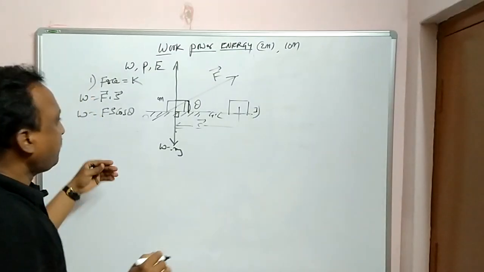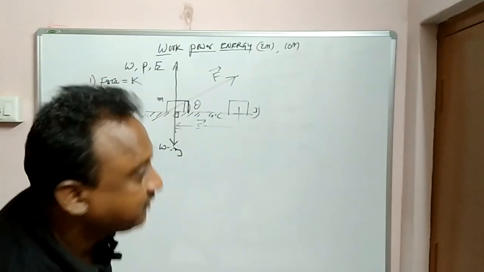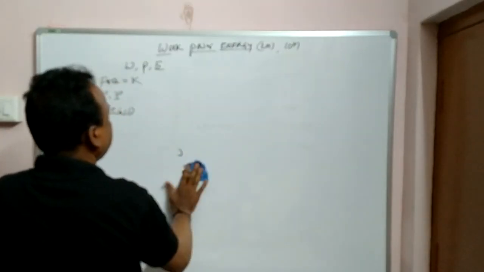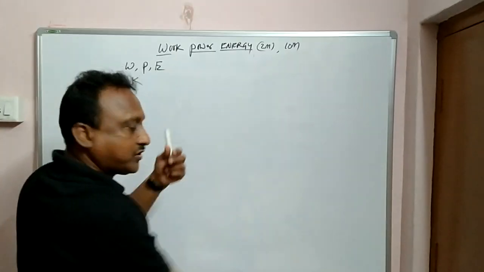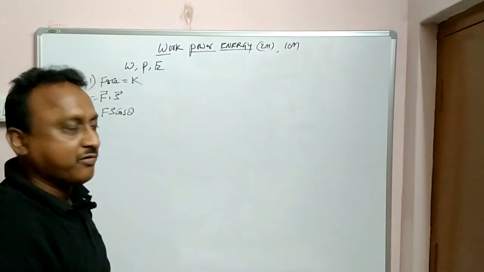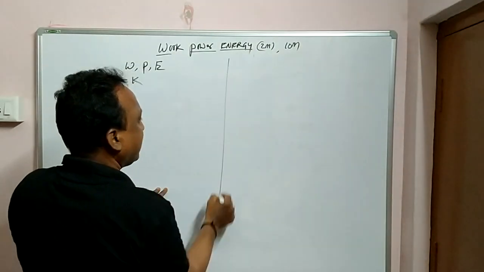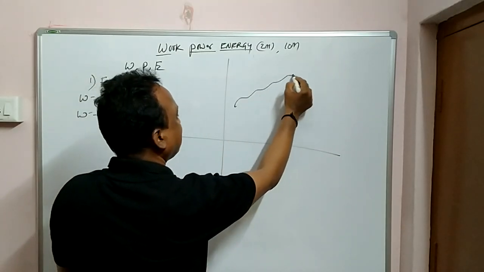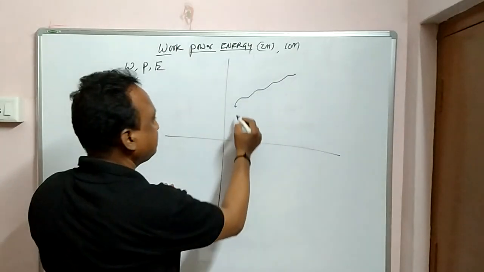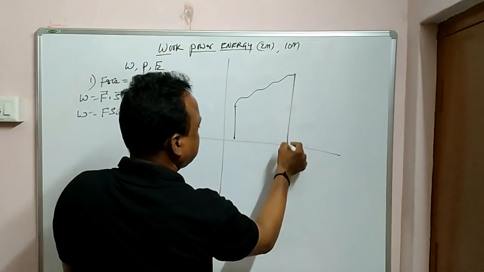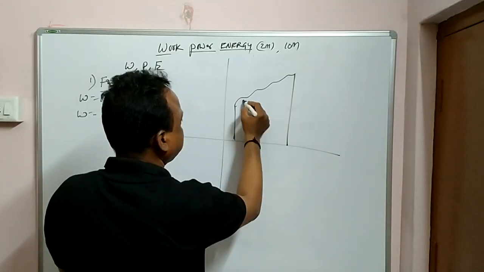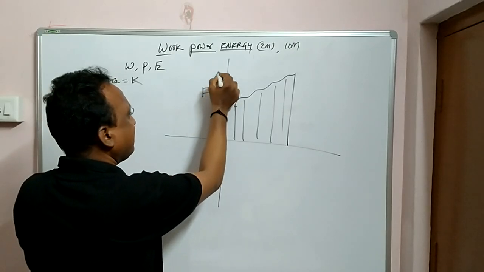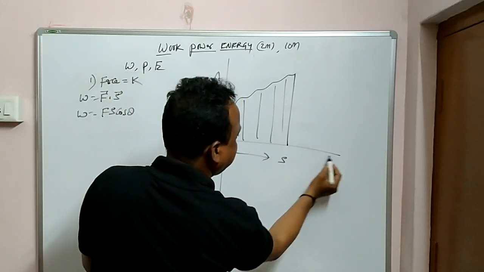Okay? Now suppose the force is varying, for example, see how the work done will be. For example, the force is varying like this, a variable force. Okay, you can see here the force is varying and this is displacement.